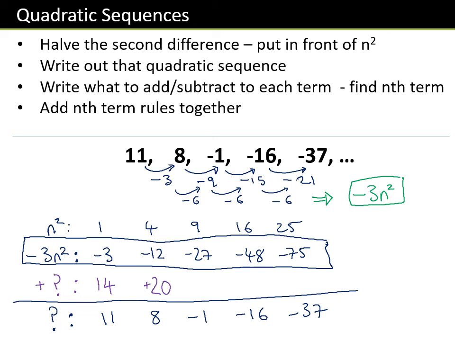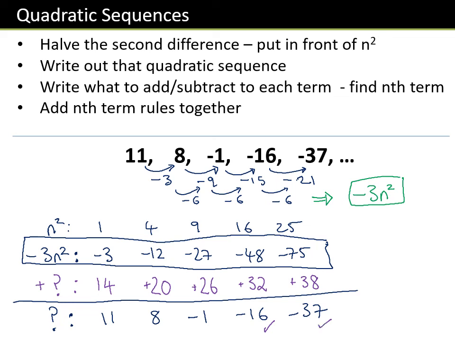Minus 27 plus 26 gives me minus 1, and we can see the pattern here. So this should be plus 32, but do check. Minus 48 plus 32 does give me that. And then adding 6 here, so this should be plus 38. And again check. Minus 75 plus 38, so minus 37, that works.